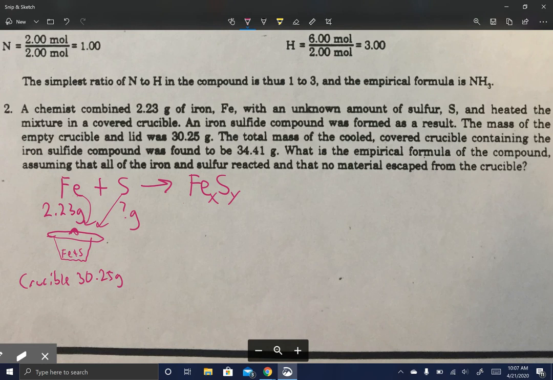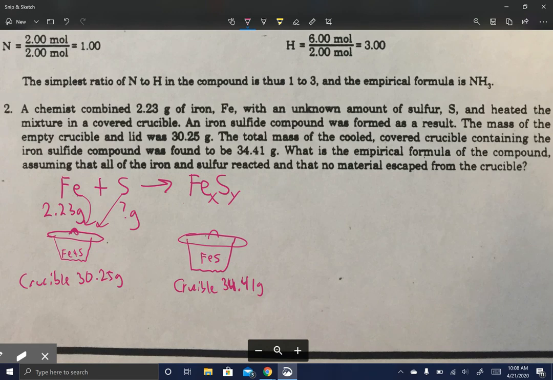So here we go. All right, we got our lid here. So in here, we have our compound now. This is Fe plus S, a mixture. Once it heats up and reacts, now you have a compound. So this crucible over here is 34.41. Okay, so empty crucible.